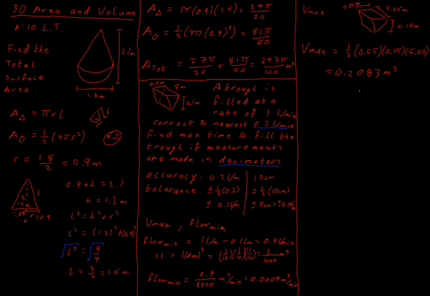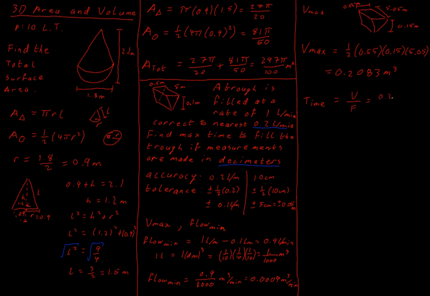Now, how are we going to get this? This is our maximum volume of our trough. And then this is the flow rate, how many meters cubed are going into our trough per minute. So if we divide those, our time is going to be our volume all over our flow rate.